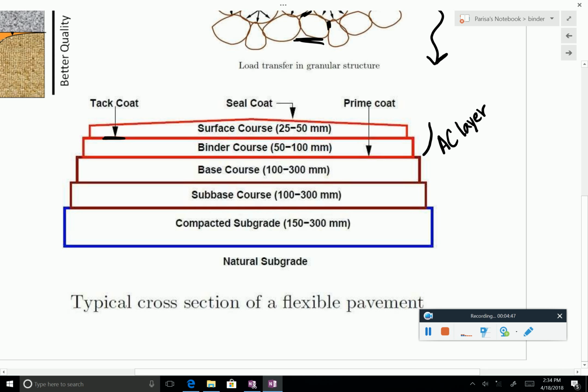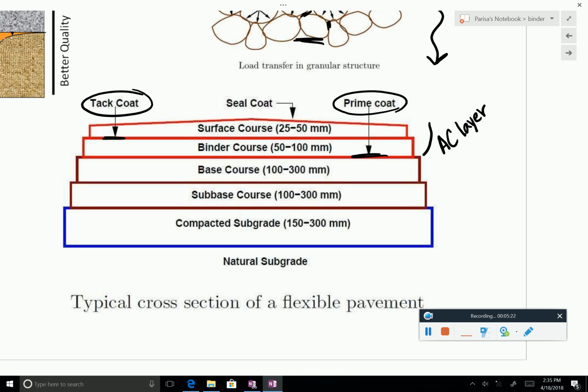You see it says tack coat and prime coat. These are emulsions, where you mix asphalt binder with water or with some solvent, and you spray it like glue so that the layers stick together. If you don't do that and you have several layers, then a truck may pass by and a piece of material may be sheared off.